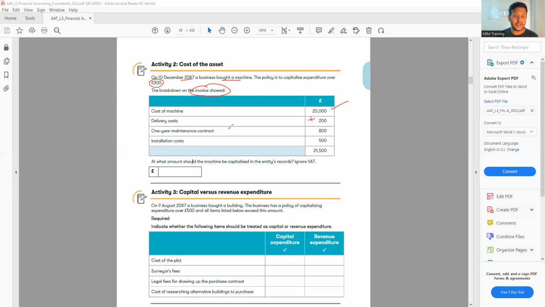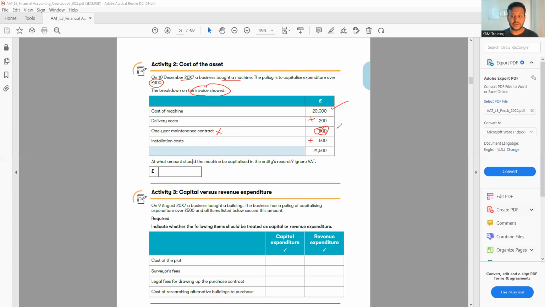The one year maintenance contract, remember that, never ever take that. We cannot take that because it is a revenue expenditure, and revenue expenditure cannot be part of the total cost. Then we have installation cost. Yes, we can take that, the installation cost can be part of the total cost.